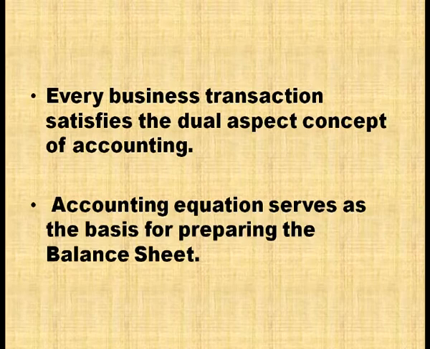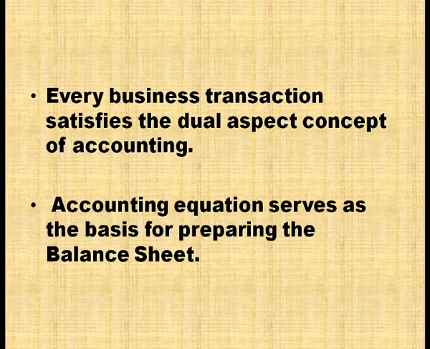Every business transaction satisfies the dual aspect concept of accounting. You have studied earlier dual aspect concept. That is, every transaction is affecting two aspects, and accounting equation serves as the basis for preparing the balance sheet. What is the effect of accounting equation in various transactions? Let us analyze it one by one.